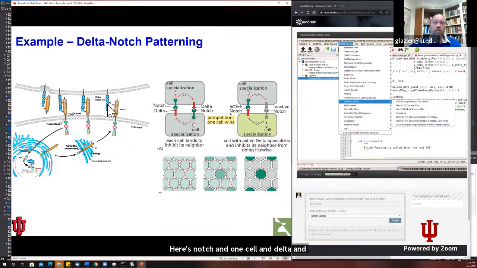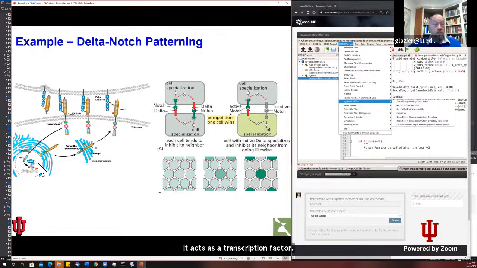When notch binds to delta, there's a conformational change that means the notch is cleaved at the extracellular side. And so you're left with delta bound to a piece of notch on one side. That sends a signal on the delta side. And the intracellular part of the notch, what's called NICD, notch intracellular domain, comes off the cell membrane and goes inside of the cell, where it acts as a transcription factor.